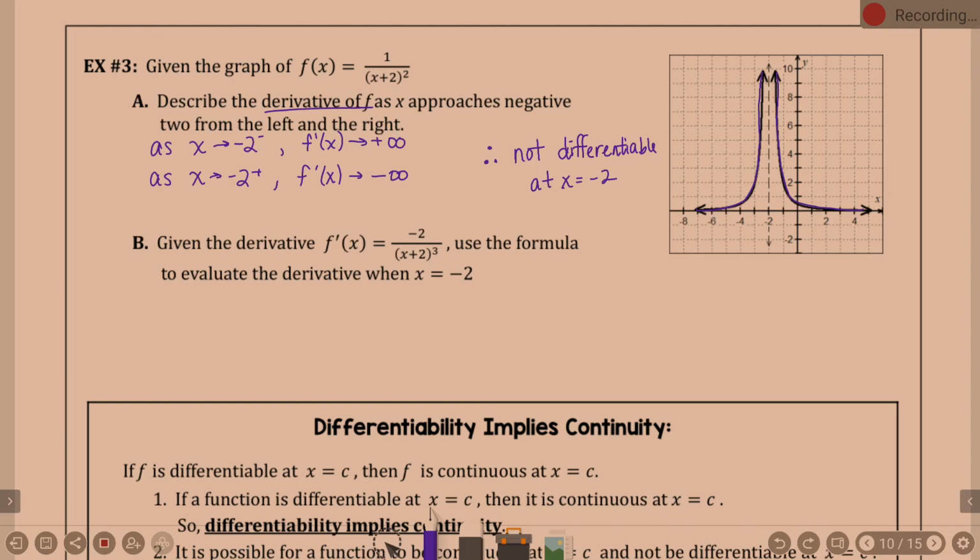We're going to plug in -2, but we have to use the left and the right. I don't know if that's really correct notation. But first of all, we're going to look at the derivative of -2 from the left. Which means when I plug in, I'm not going to plug in -2. What can I use to the left of -2?